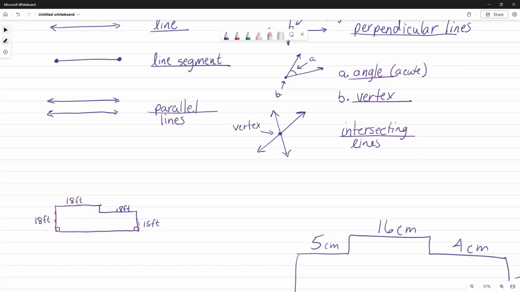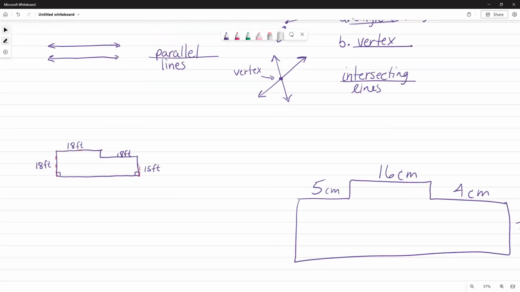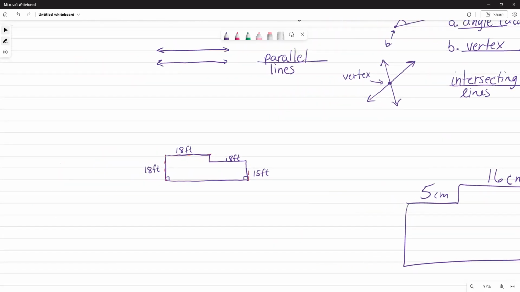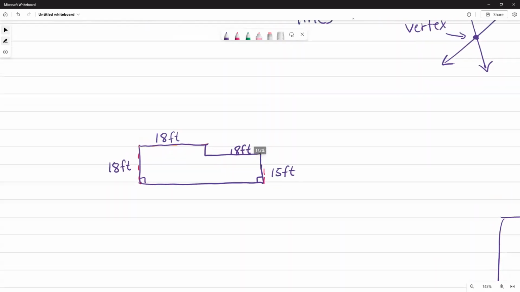Okay, so let's move on into the new content on page 175. We're talking about the perimeter of other polygons. So if you remember, perimeter is simply talking about the distance around a shape. In this case, this is the example at the top of page 175.